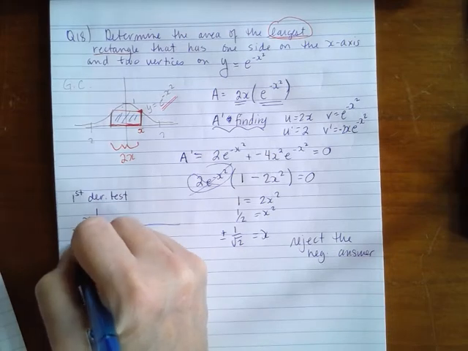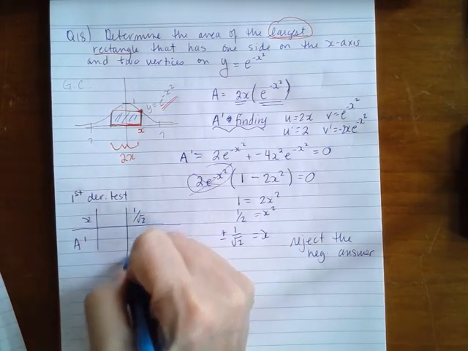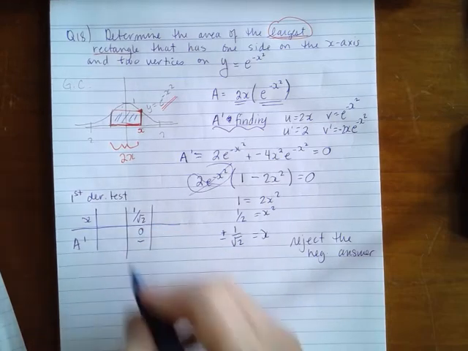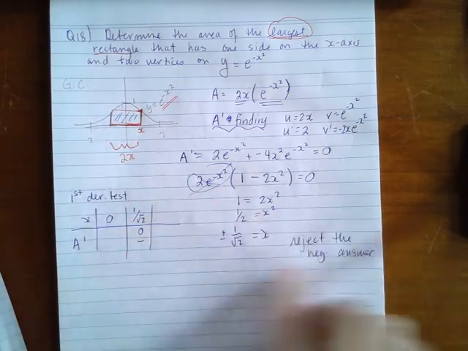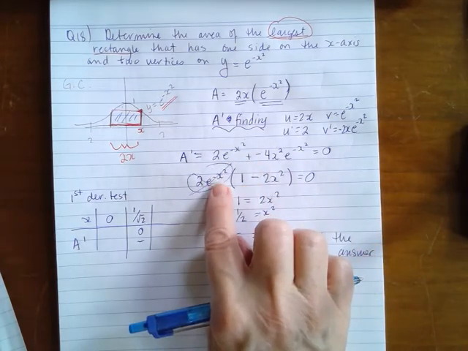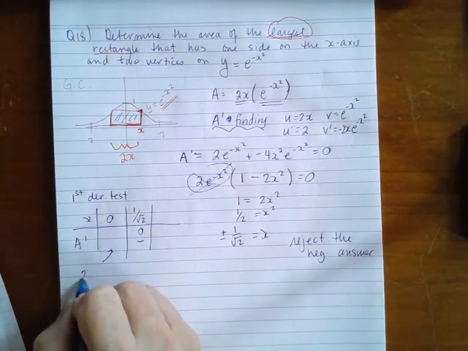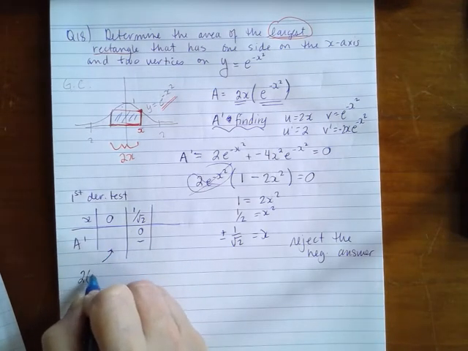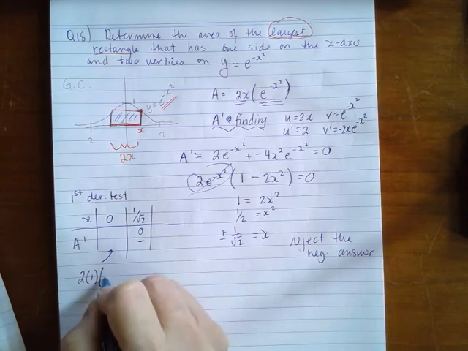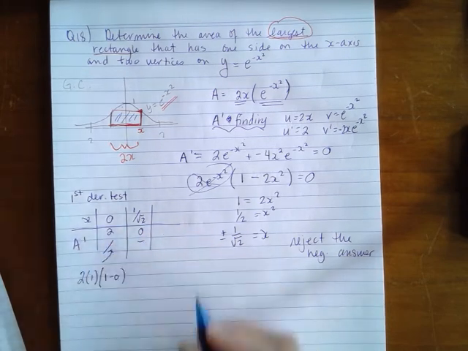So I got an x and an A dash. And I know at 1 on root 2, the derivative is 0, so it's flat. So I might put in 0 as well. Okay, if I go up to my derivative up here, and I put 0 in, I get 2e to the 0, well, e to the 0 is just 1, times 1 minus 0. So I get 2. So that's going uphill.